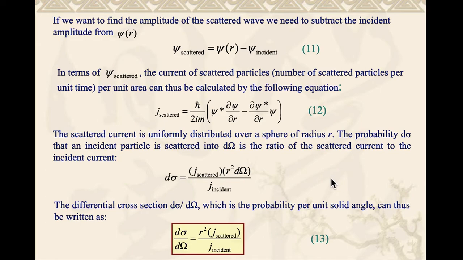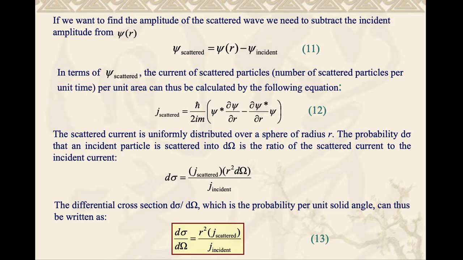In terms of psi scattered, the current of scattered particles means the number of scattered particles per unit time. Normally, you define electric current as the number of charged particles passing through a point in unit time. That is why these scattered particles are actually moving.